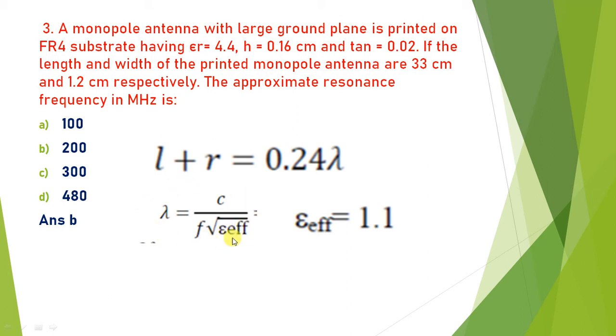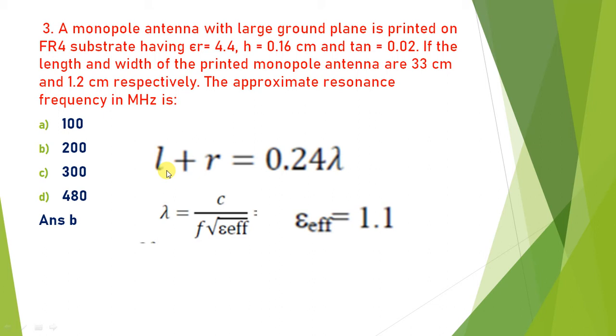Now we have to find the value of epsilon effective. Generally for a monopole antenna, epsilon effective is taken as greater than 1, so generally epsilon effective is equal to 1.1. Put 1.1 in this equation. In place of lambda, put C by F square root of epsilon effective.